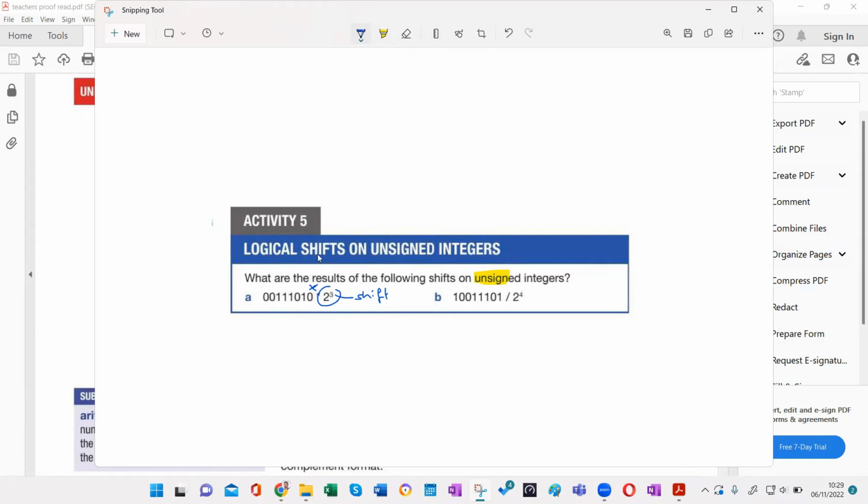And can you tell me what is the value that we are going to multiply this with if we move it 3 places to the left?